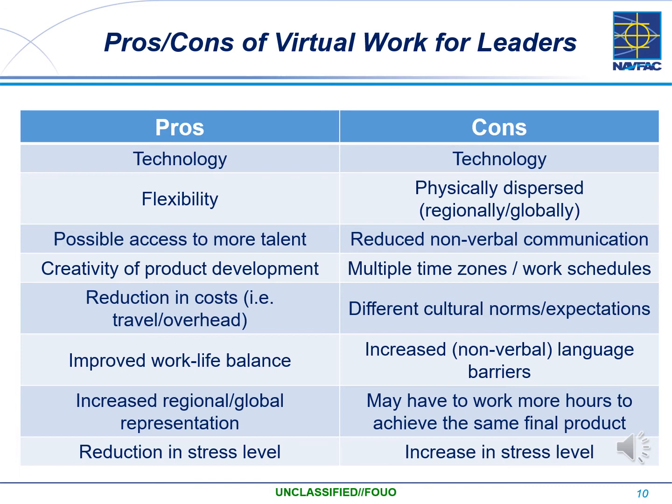So let's look at cons. An example of a con is reduced nonverbal communication. So what exactly does that mean? Well, that refers to that when you're working virtually, you're not going to be able to actually see body language.